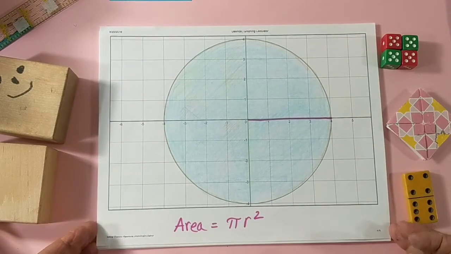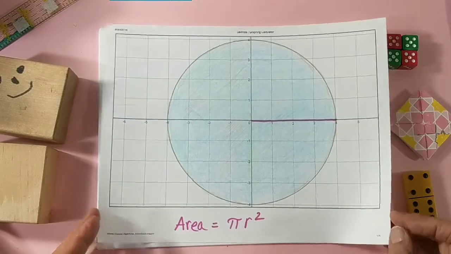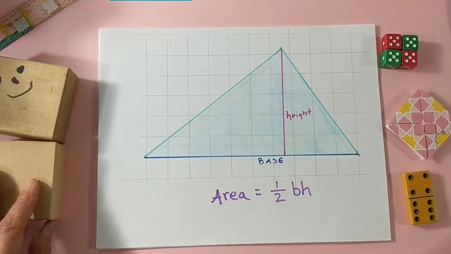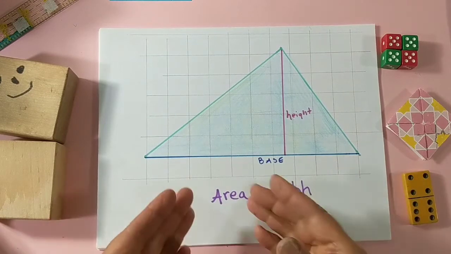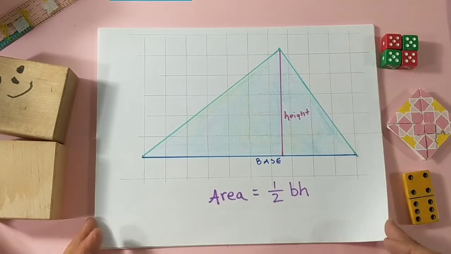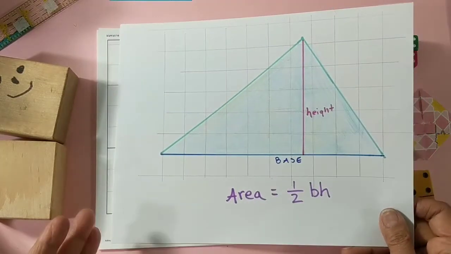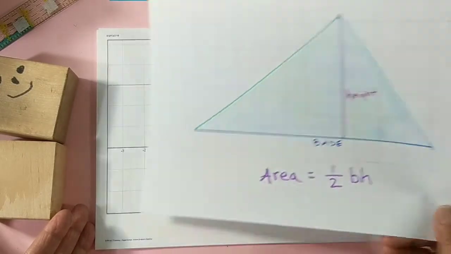There's the formula for the circle. It's round, it's not giving us a hard time. We've got a nice little area formula. We've got the triangle. The point is, we're seeing area formulas all the time. And by the time we get to calculus and call them integrals, it's still area formulas that we're looking at.